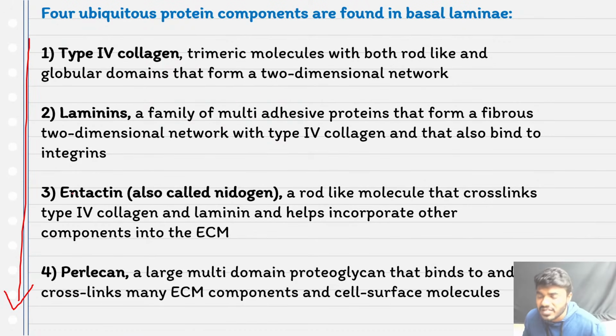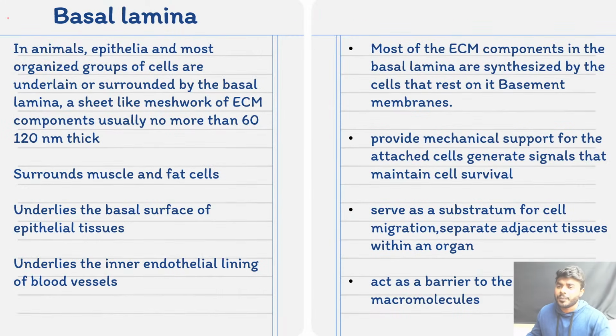Now you can ask me, sir, why are you calling only these four important, why not others? The reason is they are ubiquitous in nature, which means they are present everywhere in the ECM, and they play a key role structurally, and they provide mechanical strength also.